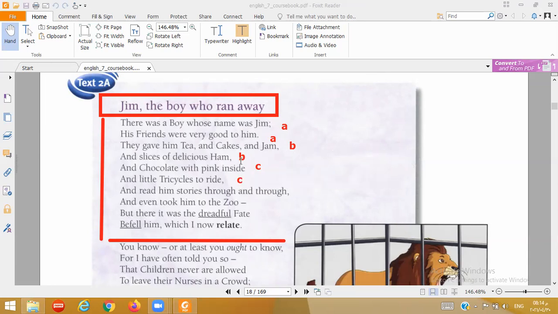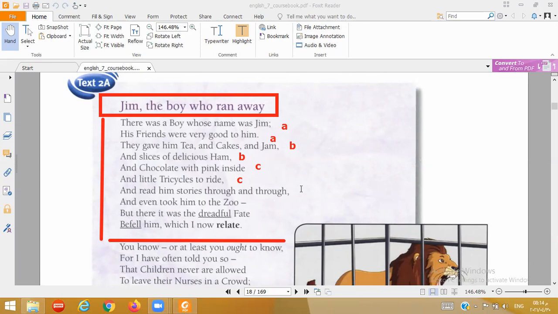Like Gem, Hem. That's the same ending, the same music, so we give it the same letter. Jam, Ham, that's a different music, a different ending, so we give it a different letter.